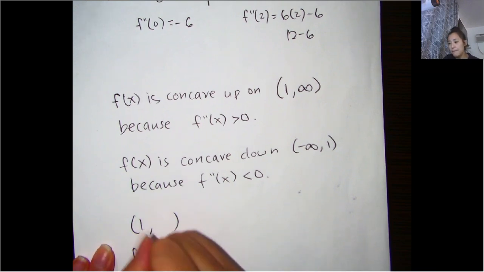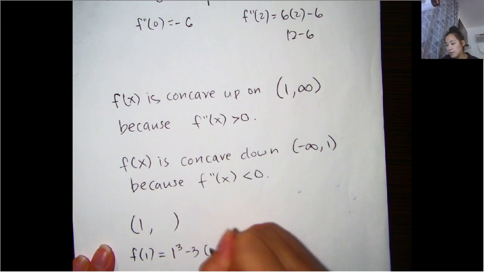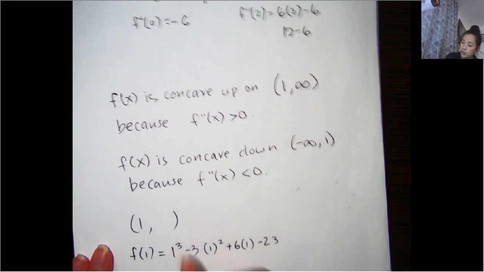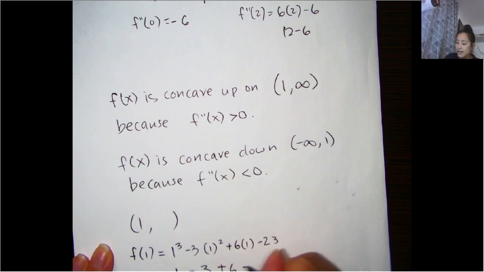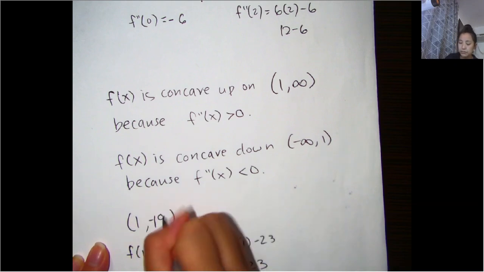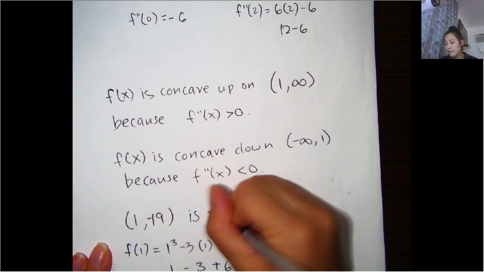So f of 1 equals 1 cubed minus 3 times 1 squared plus 6 times 1 minus 23, which is just 1 minus 3 plus 6 minus 23. I believe that's negative 19. So 1 comma negative 19 is the point of inflection.